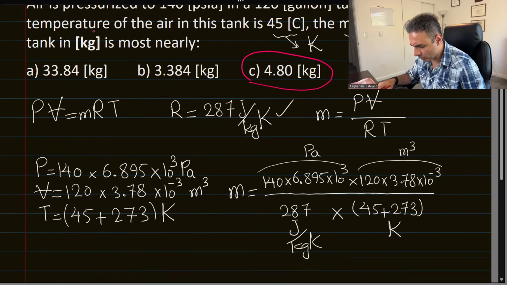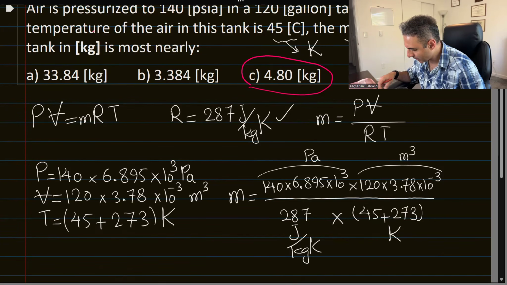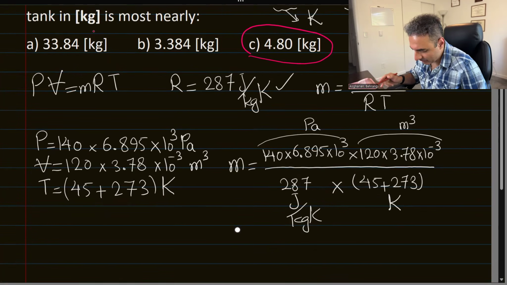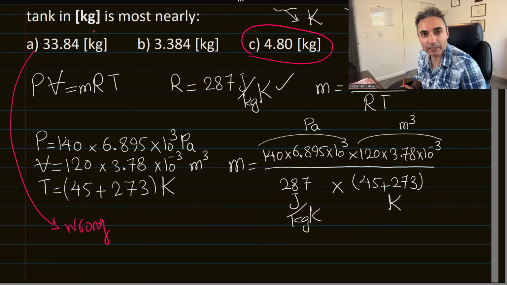There is also B, and there is A. I think it's A, if instead of Kelvin you use Celsius and forget to convert Celsius to Kelvin in the ideal gas law, you're going to end up with A.